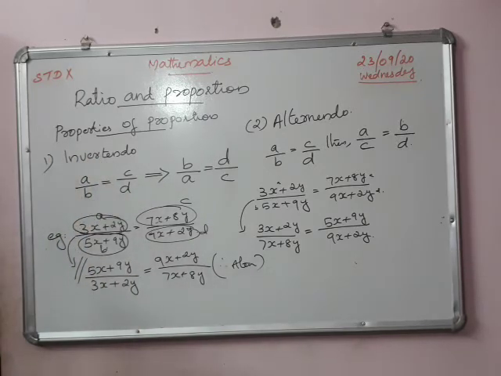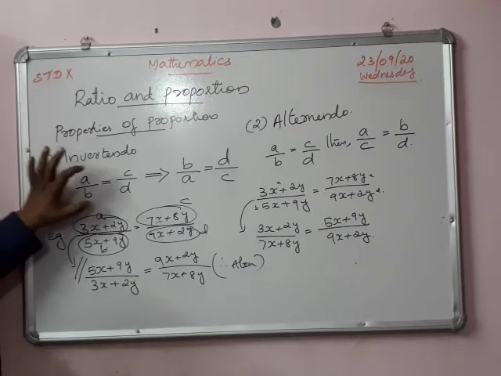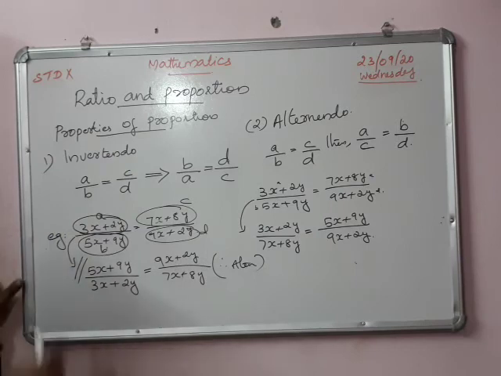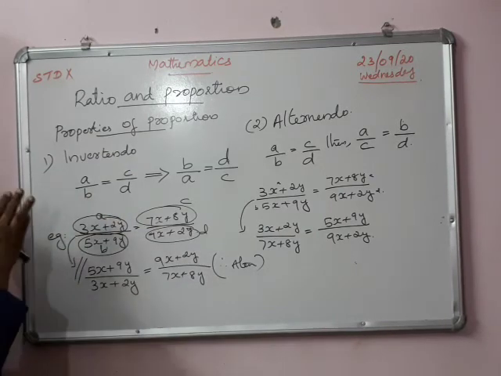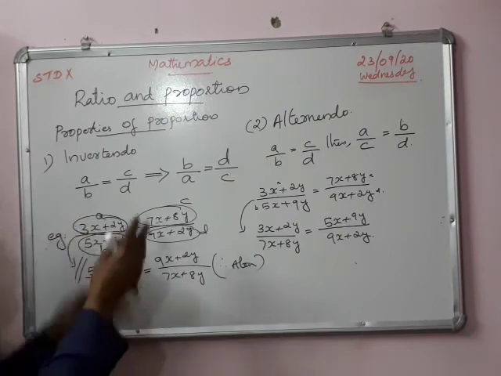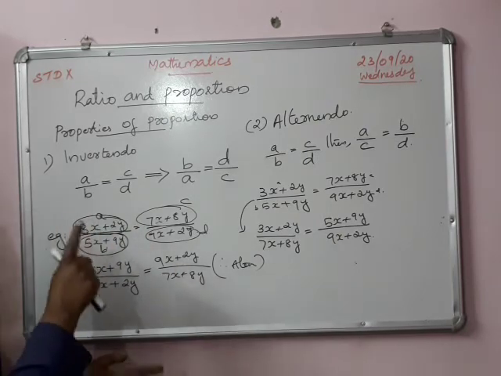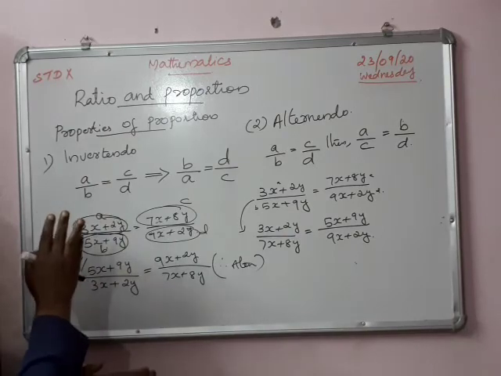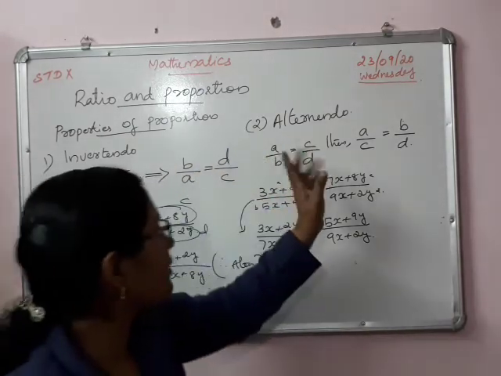What is the invertendo property? If A by B is equal to C by D, we can write it in the form of B by A, in the reverse or reciprocal form, and D by C. Connect it with invert and study. Then alternando, alternative.